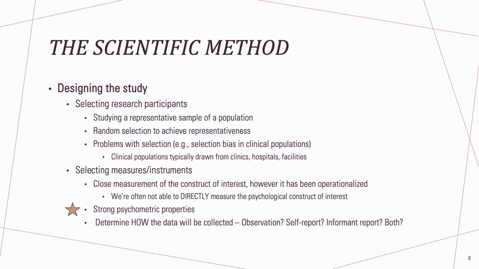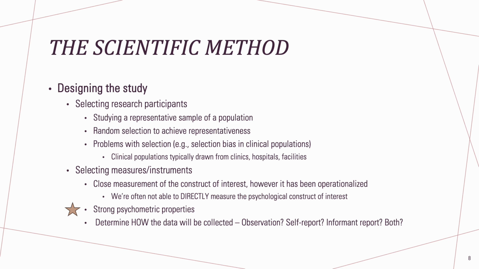So in addition to operationalizing and identifying your variables, selecting your research participants, you also need to select the measures. And so this goes back to the whole point of operationalizing our variables.